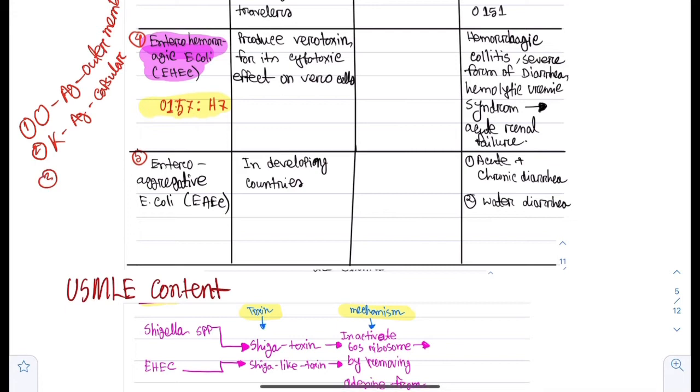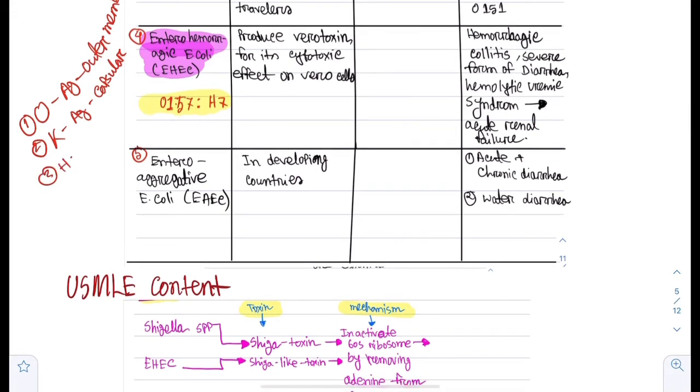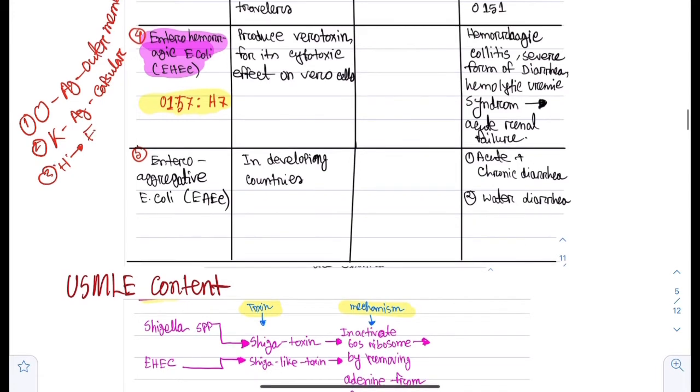Then there is the H antigen, which is important for the fimbriae. So these are the 3 types of antigens in the serotype. You will be able to see them in each type of the bacteria. So these numbers depict how many antigens there are.